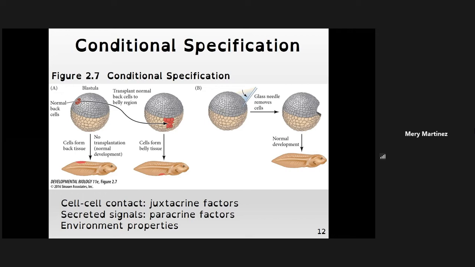So cell-to-cell direct contact depends on Juxtacrine factors. Okay. Some will also depend on secreted signals, and we call these ones paracrine factors. And some will depend on physical properties of the environment.